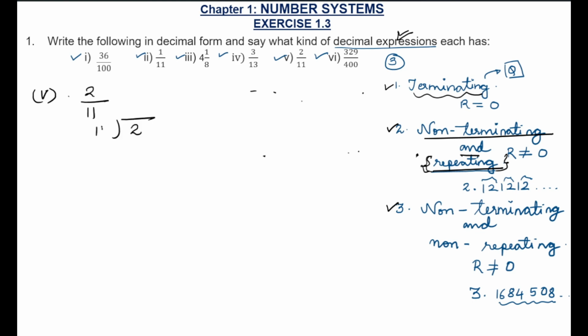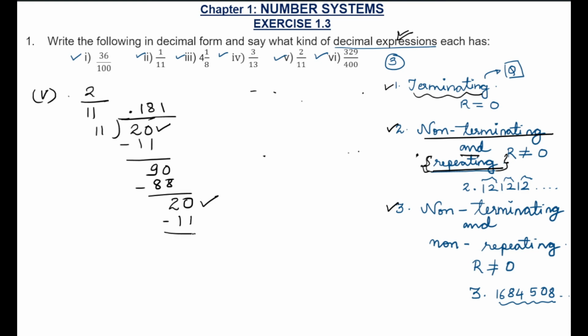Put a point, add a 0, 1 times 11, minus, you get a 9 here, add a 0, 8 times 11 is 88, minus, 2, add a 0, 1. Now if you see this 20, we started our division with 20. So what is going to happen now? The quotient is going to have a repetition pattern here, right? Let us do it a few more times and see.